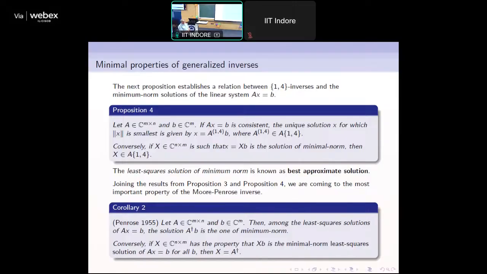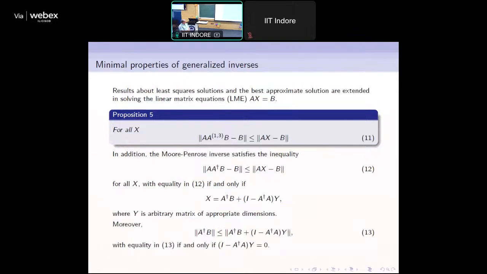Finally, many programming languages possess standard functions for computing the Moore-Penrose inverse. Here is the general solution: A dagger, the Moore-Penrose inverse, times B, plus a nilpotent part.